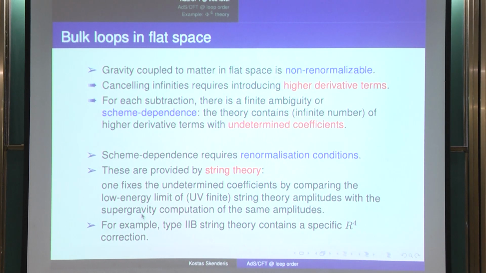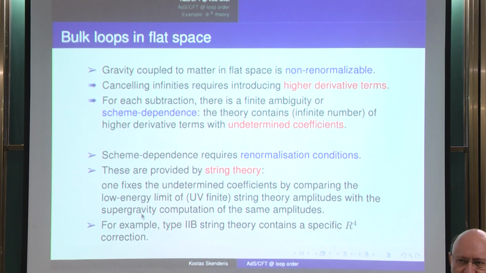But in general, it's not going to be the same action you started from. You need to add a new term. That could be a high derivative term, because the more loops, the higher the degree of divergence. This means that you need more powers of momenta to cancel. That's why you have high derivative terms.